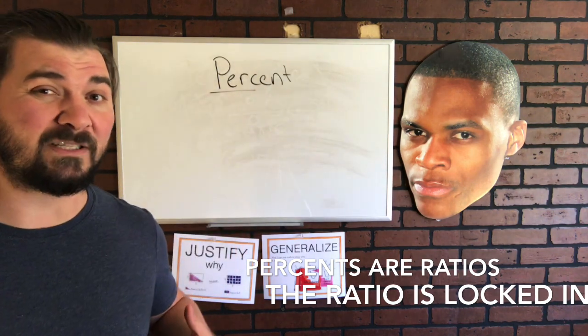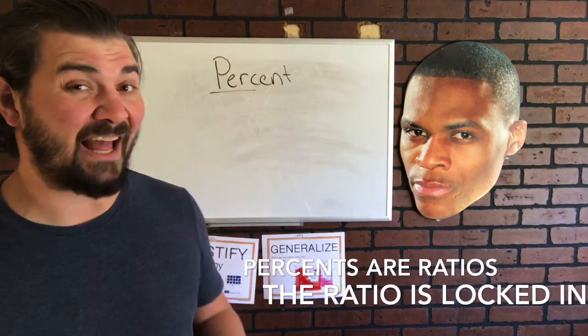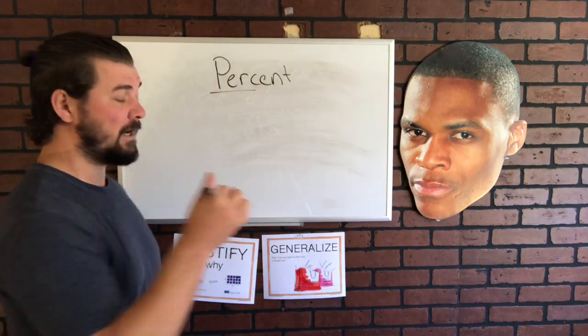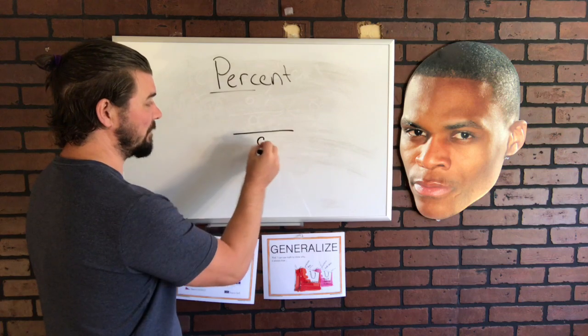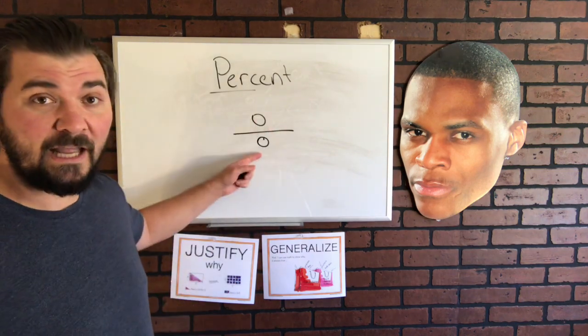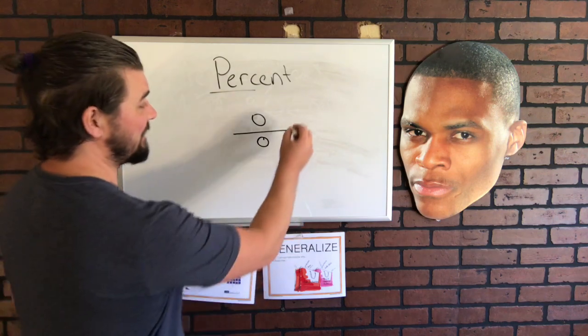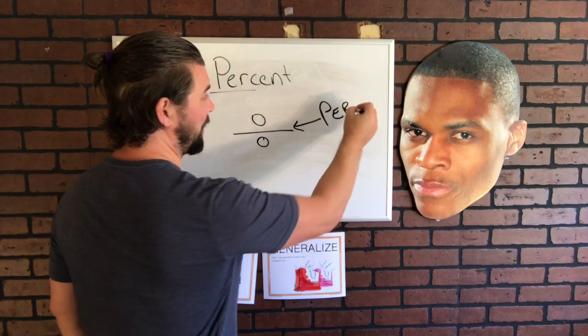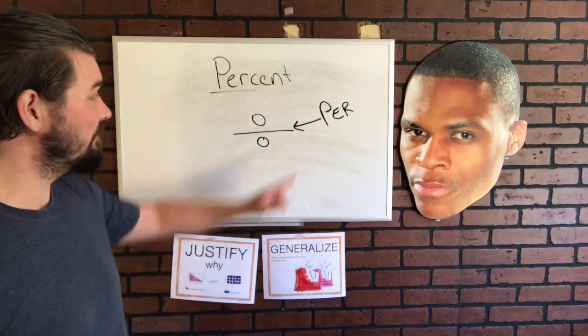Now, per tells us that a percent is kind of like a division problem. And a division problem is a fraction, and that's why the symbol for division looks like a fraction with a numerator and a denominator.